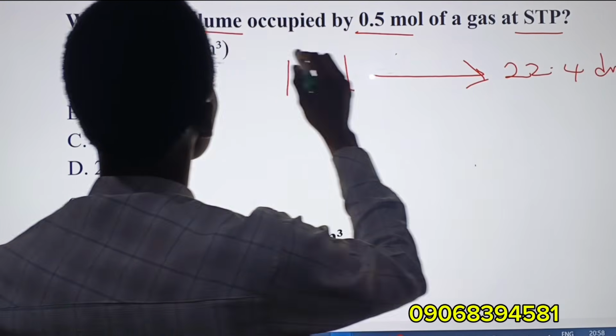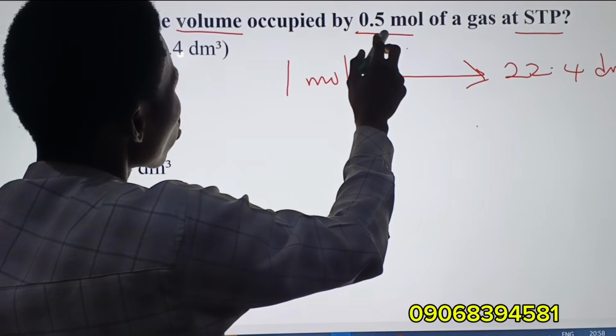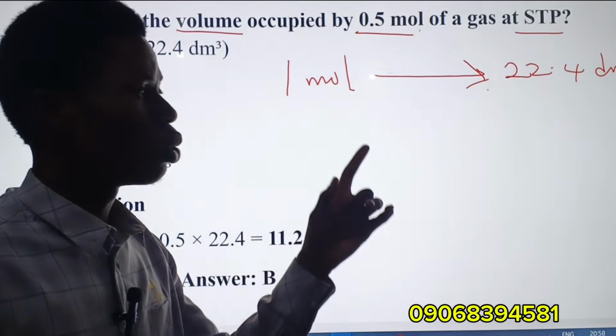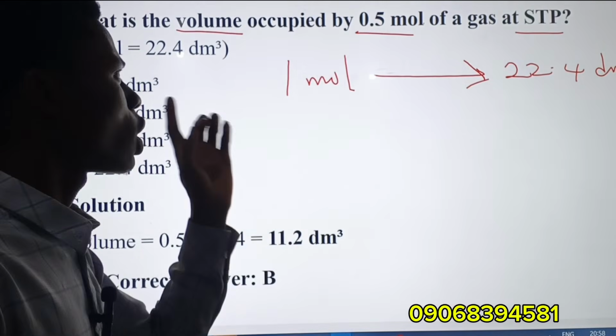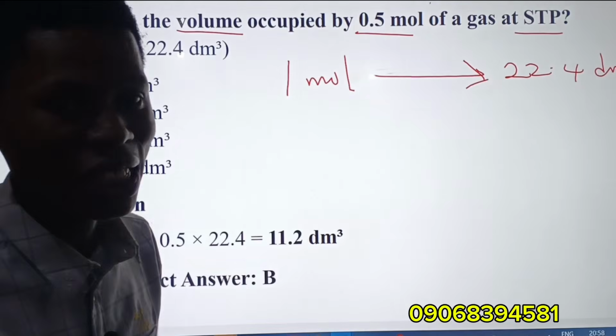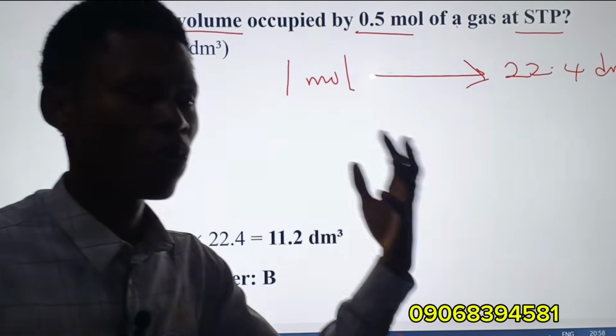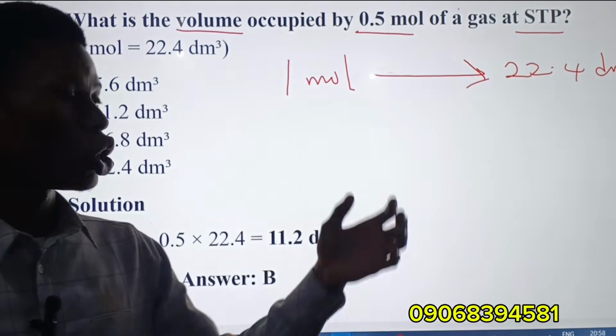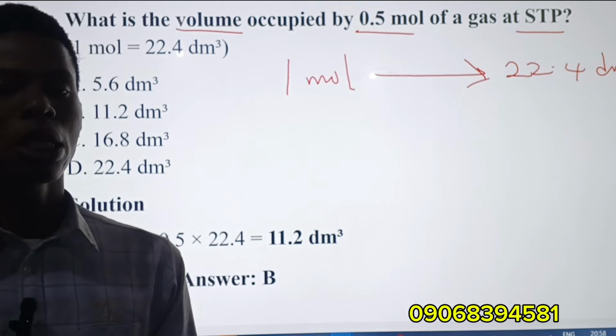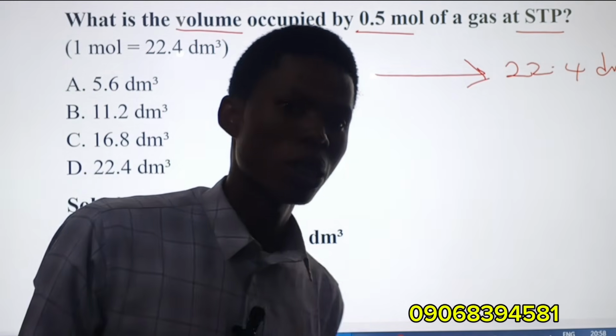Then the question is asking what volume will be occupied by 0.5 mole. If 1 mole is 22.4 dm cube, 0.5 mole will be how many dm cube? If 1 naira can buy 22 biscuits, 0.5 naira can buy how many? That's just it.